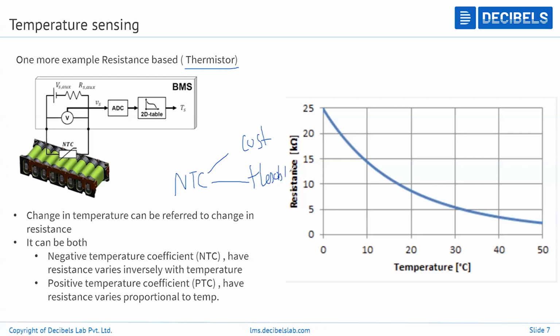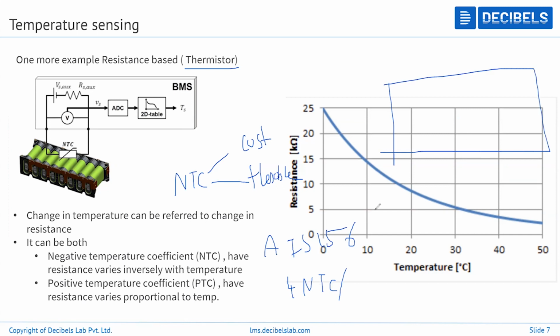Okay. So as per our standards, AIS 156, a minimum of 4 NTC temperature sensors has to be placed within the whole battery pack. It takes all the data, and later it depends on us how we are going to use the 4 sensors' data.